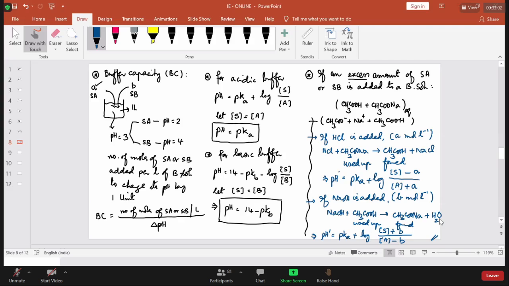That is the way with which we try to enjoy the concept of the addition of strong acid and strong base. If it is beyond the limit, this will happen. Please carry on.